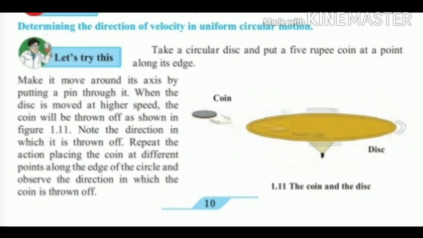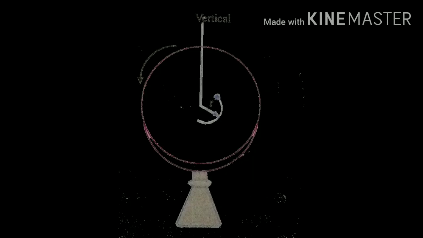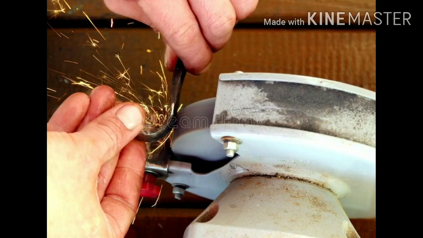Repeat the action placing the coin at different points along the edge of the circle and observe the direction in which the coin is thrown. Finally, we conclude that the coin will be thrown in the direction of the tangent, which is perpendicular to the radius of the disc.